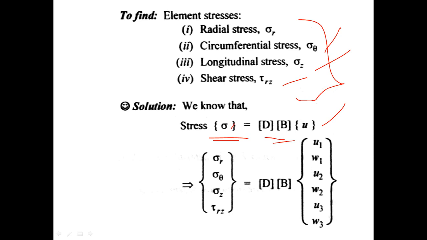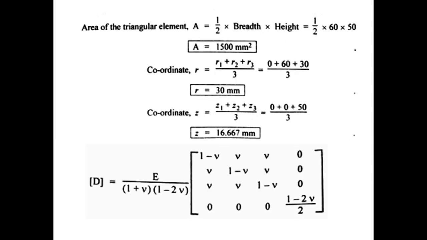Okay. So now what about the area of the triangular element A, and what about R and Z, and what about the D matrix, the stress strain relationship matrix? And finally, what about the strain displacement relationship matrix? So finally, the B matrix was obtained. So what about the D into B matrix, and the DB matrix was found.